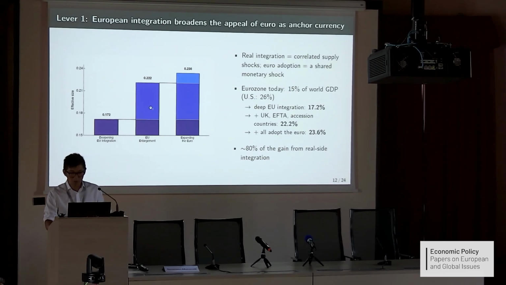You can then think, what if you enlarge the EU? There's a set of countries out there that are willing to join the EU, or perhaps were a part of the EU, like the UK, and left, but then perhaps they want to come back. So you expand the size of the European Union and integrate those countries as well. And you can see that can potentially increase the size of the eurozone up to 22%.